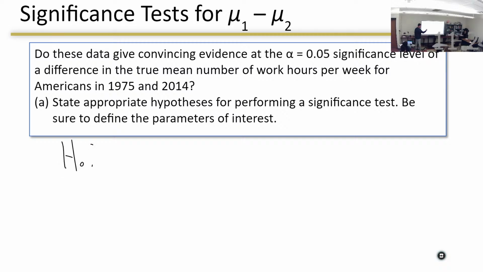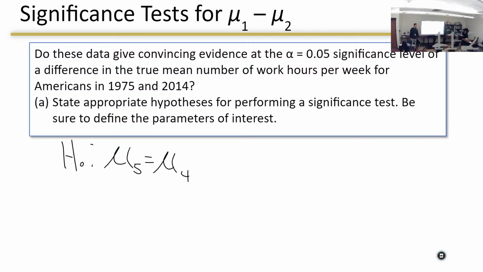H0: mu 5 equals mu 4. I put 5 for 1975 and I put 4 for 2014. If you still want to use 1 and 2, use 1 and 2.